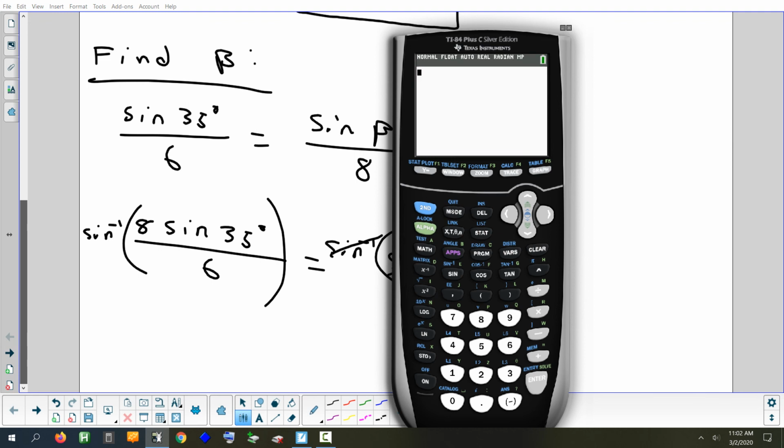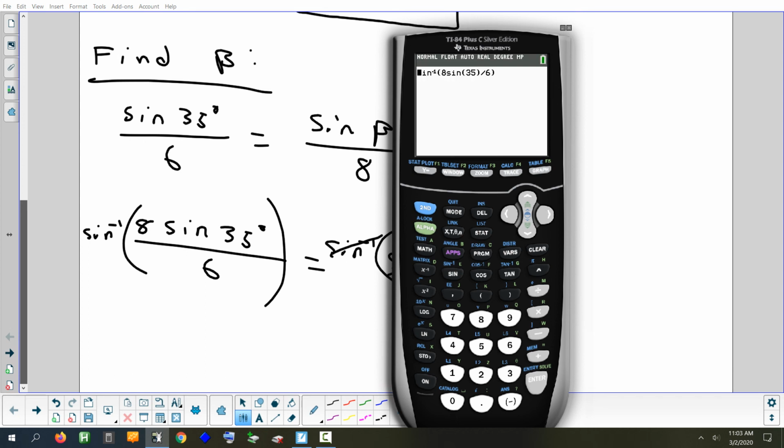Looking at that, what's the first thing I need to do? We can type all that in first, but there's something I need to do before I hit enter. I have to change to degrees. So mode, put it in degrees.